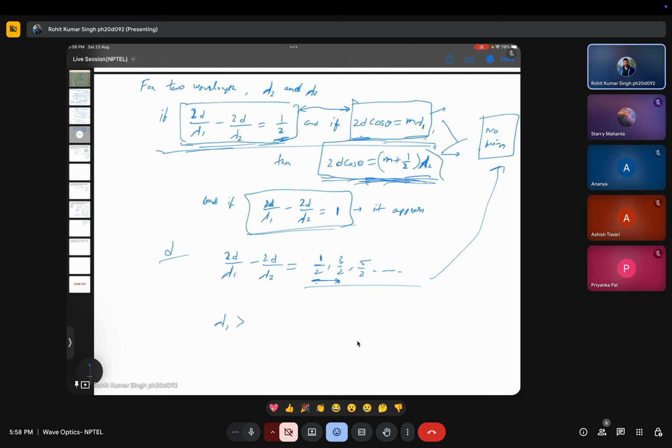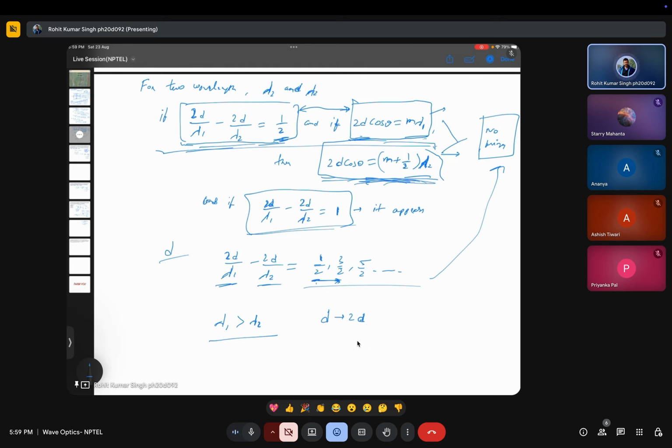If lambda 1 is greater than lambda 2, and the numerator is fixed, then if you increase d, suppose d becomes 2d... so to balance it, you have to decrease the distance to get to 3 by 2.